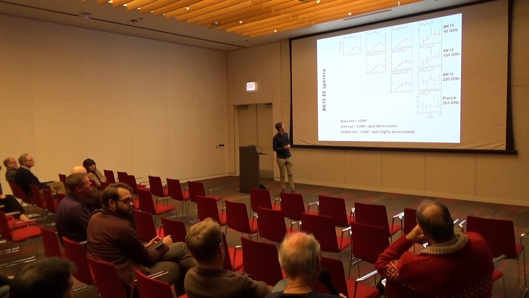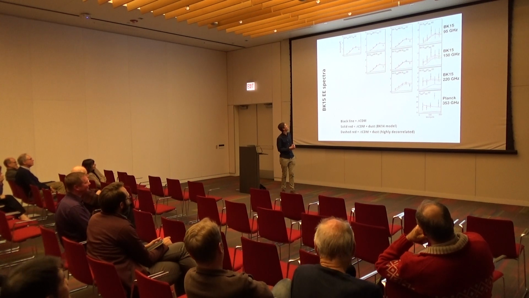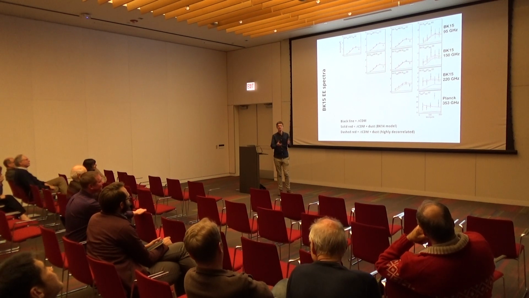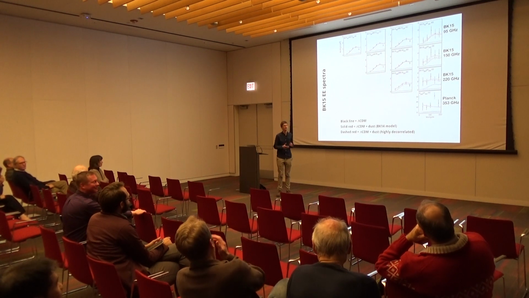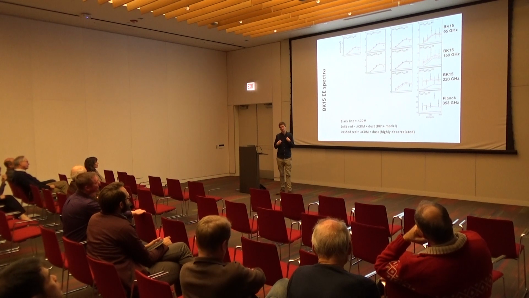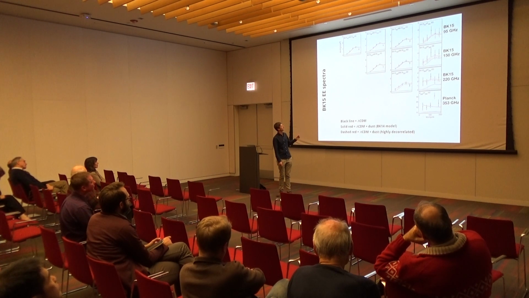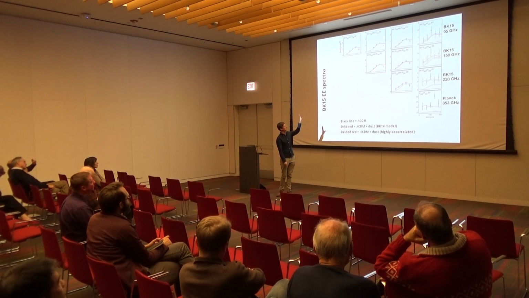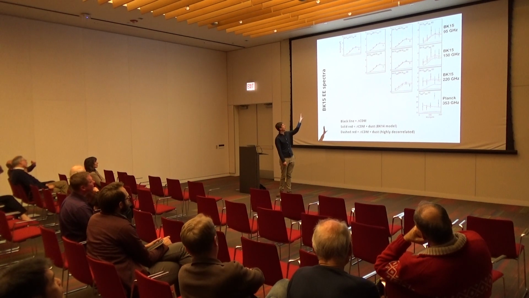Are you worried that the lower L points are too good a fit? Well, maybe that's why the chi-squared works out. Personally, I'm not worried about it. At least at 95 gigahertz and 150 gigahertz, this is a very signal-dominated measurement.